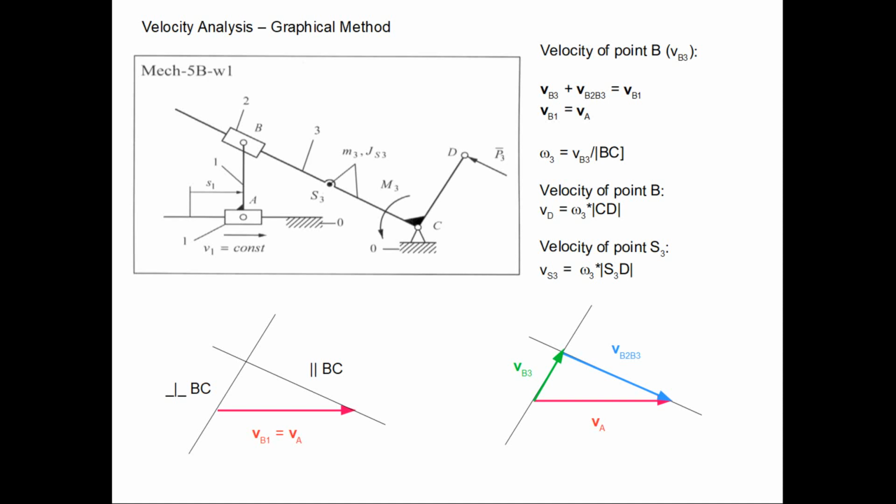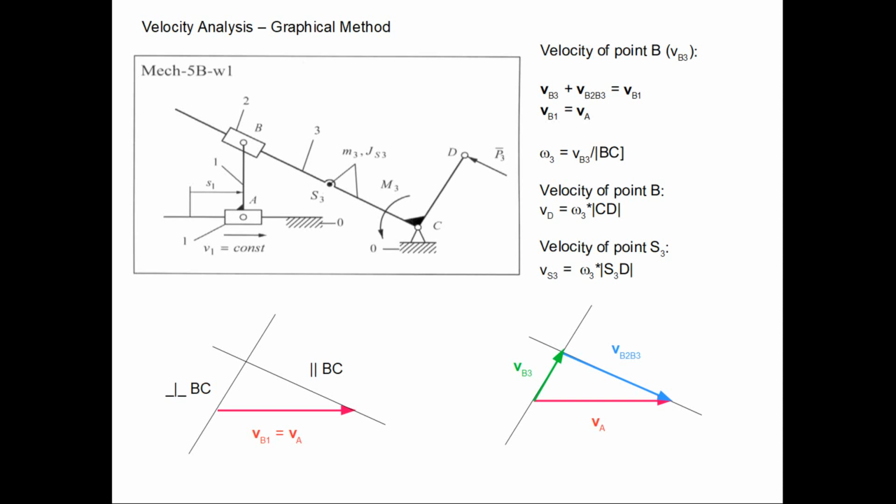In our equation, VB1 is equal to VB3, which is the velocity due to the rotation of rod 3, plus VB2B3, which is a relative velocity of a point of slider 2 with respect to rod 3. These two velocities will give us our absolute velocity VB1.